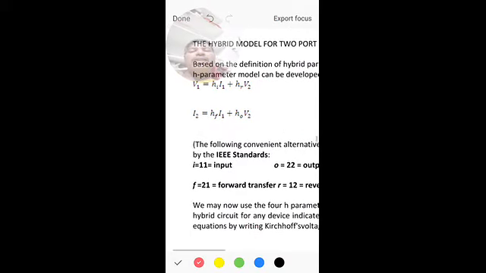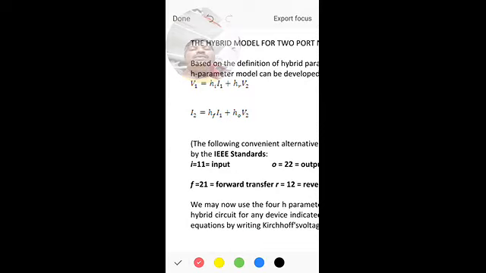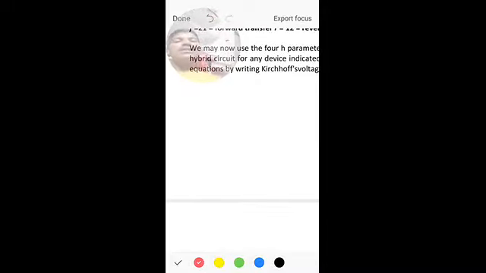So for CE configuration, input voltage is VB and input current is IB. Similarly, output voltage is VC and output current is IC. So V2 is VC, I2 is IC, V1 is VB, and I1 is IB. Now we can rewrite the above two equations for CE configuration.